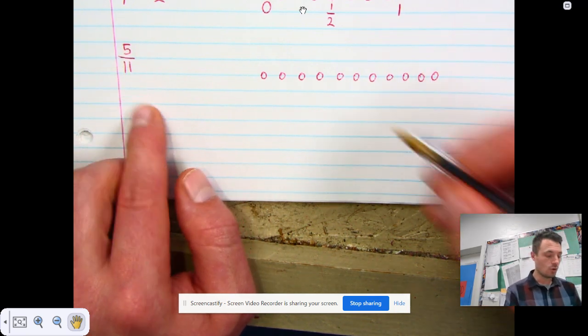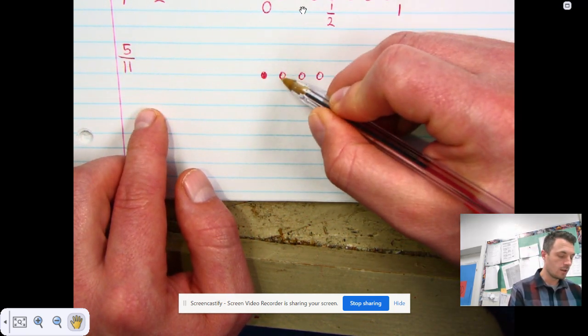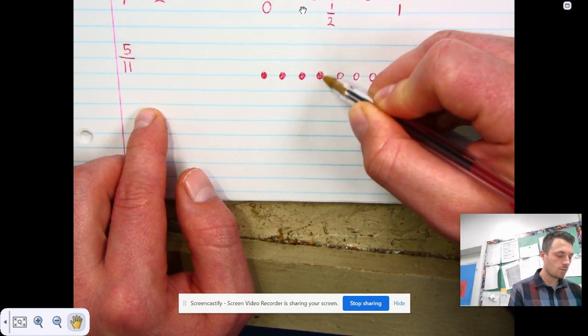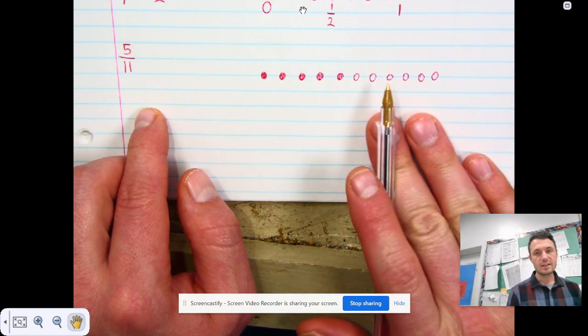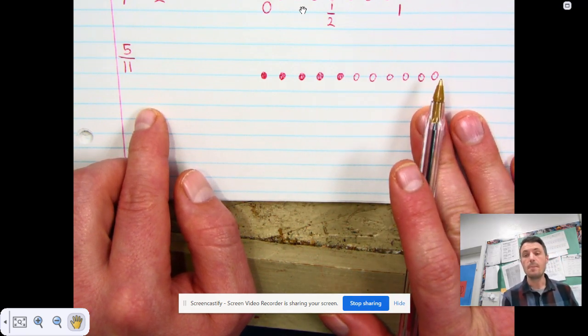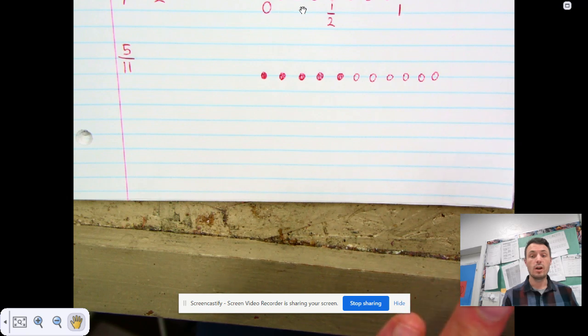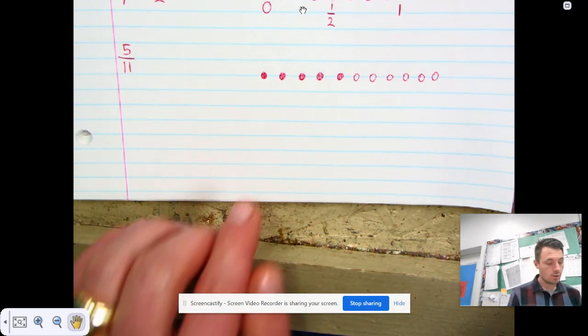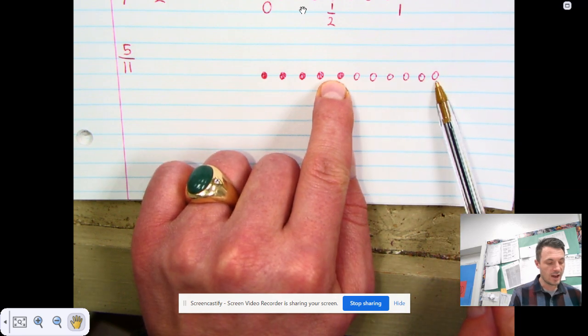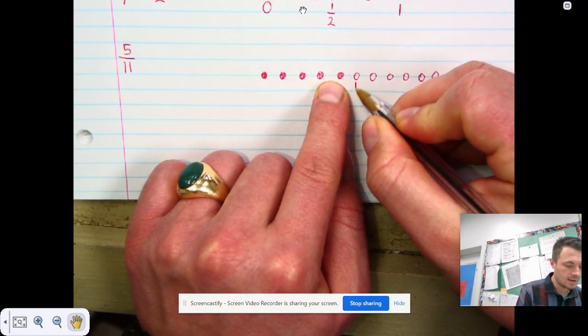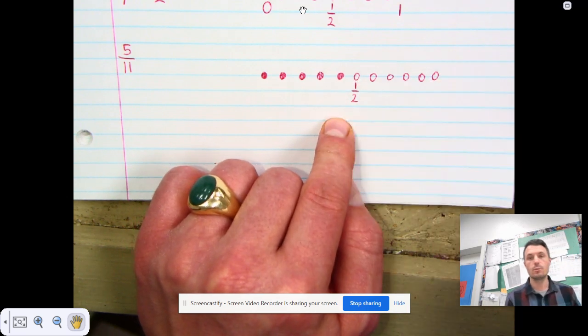Since 5 is our numerator, we'll color in 5 of them red. 2, 3, 4, 5. Okay, now since this is 11, it doesn't have an even amount of marbles on each side of the center. But we've got 1, 2, 3, 4, 5 here, and 1, 2, 3, 4, 5 here. So halfway is halfway between this center marble.